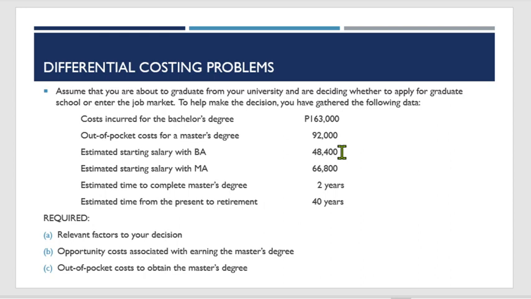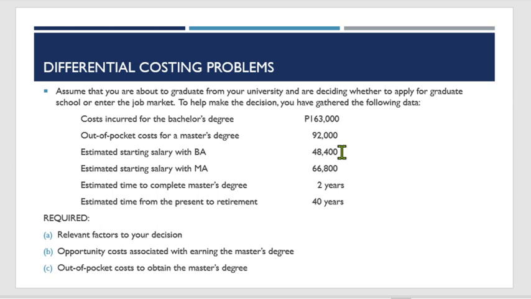So 48,400 times 2 years, yun ang opportunity cost mo associated with earning the master's degree. Kasi dapat kinita mo na yun kung ikaw ay nagtrabaho. Pero dahil nag-master's degree ka, ang opportunity cost nun is the 48,400 times 2, which is 96,800. Okay? So I want you to take note while we are discussing. Please take note of the items para mas madali sa'yo mabalik-balikan siya.